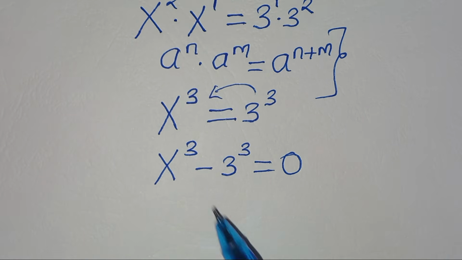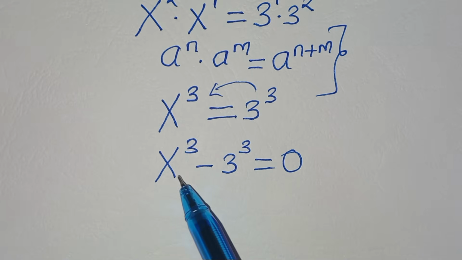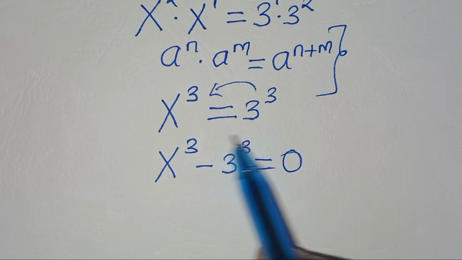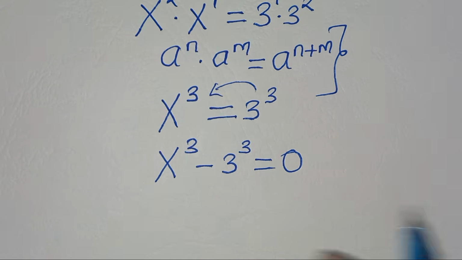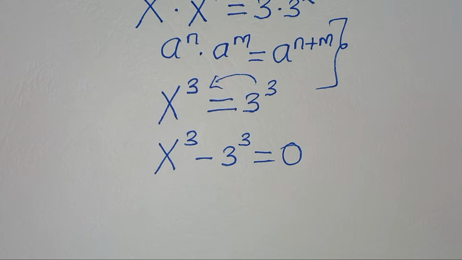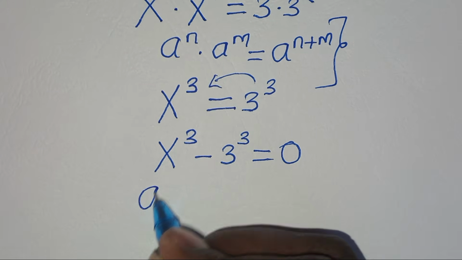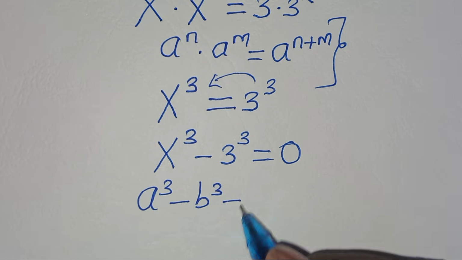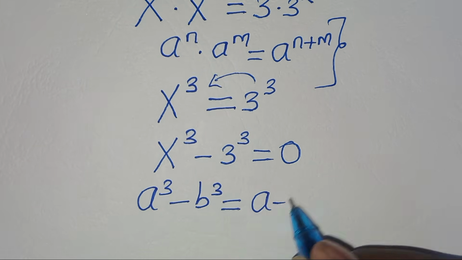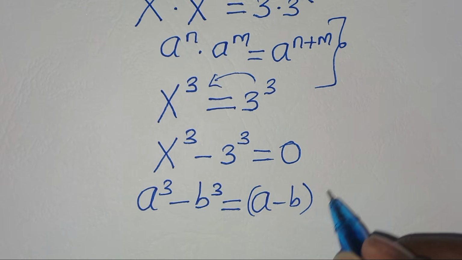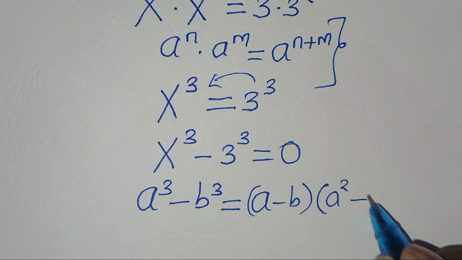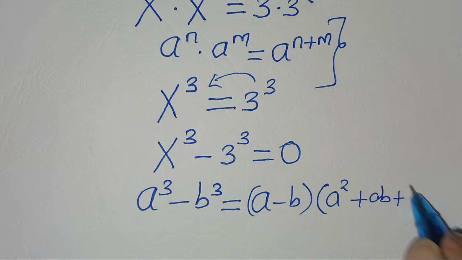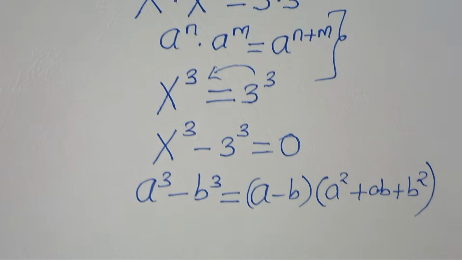Now we have that here. This is actually the difference of two cubes, a to the power of 3 minus b to the power of 3, that we can express as a minus b times a to the power of 2 plus a times b, then plus b to the power of 2.